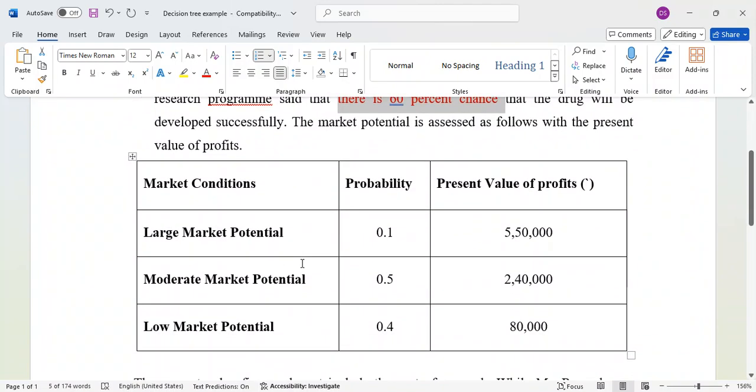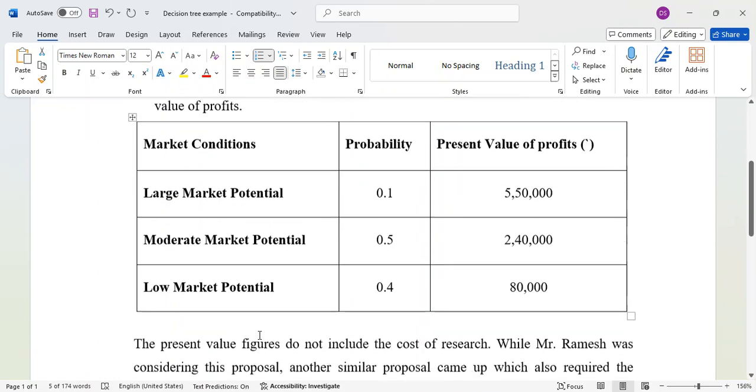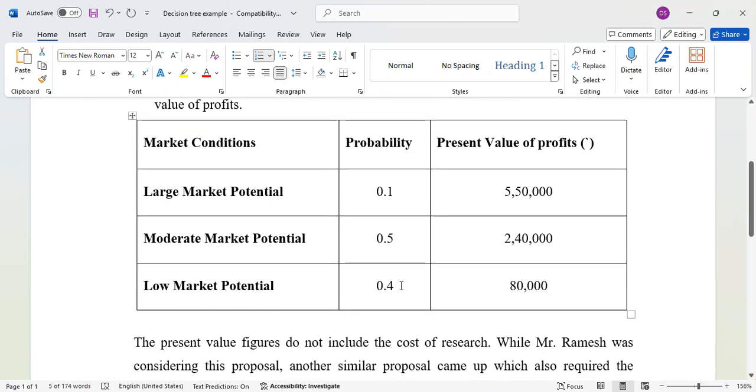In this way, he observed that if he targets a large market potential, the probability of success is 0.1, but the overall revenue will be 5,50,000. Similarly, for moderate market potential, the probability of success is 0.5, and the present value of the profit is 2,40,000. For low market potential, the success rate is 0.4, and the present value of the profit is 80,000.